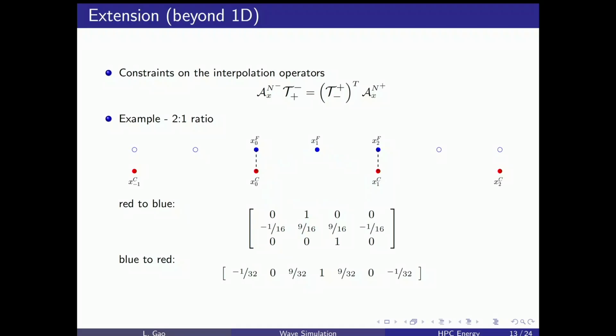A final question that I put here is, what about beyond 1D? So this is essentially what we care about. You can also do this extension, but you need to be careful with the interpolation operator. The interpolation operators go in the two directions. They need to satisfy a certain type of relationship. It's not arbitrary. I'll give you one example here.